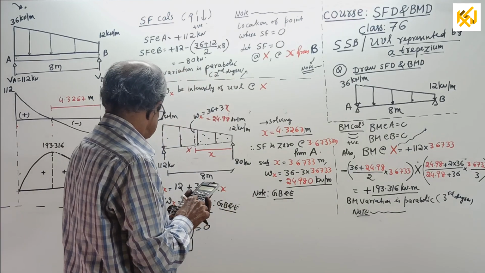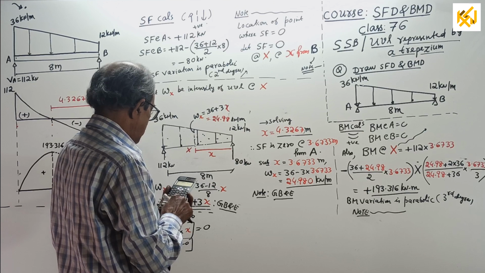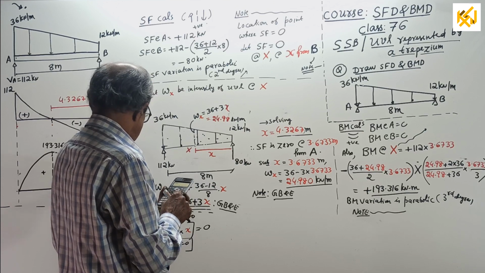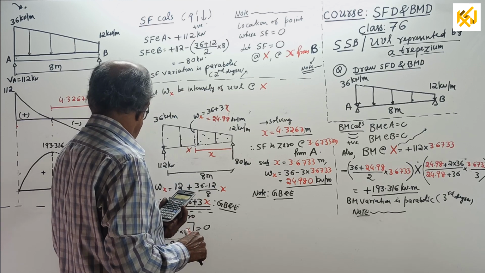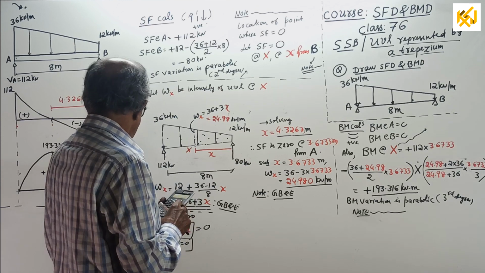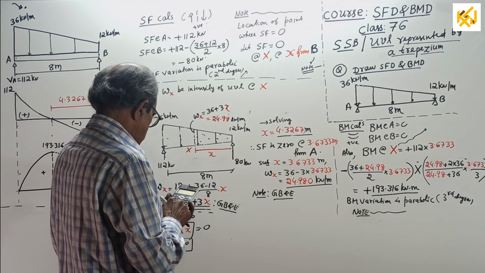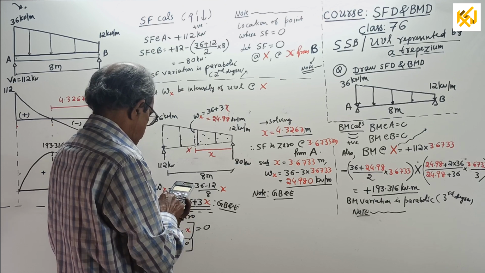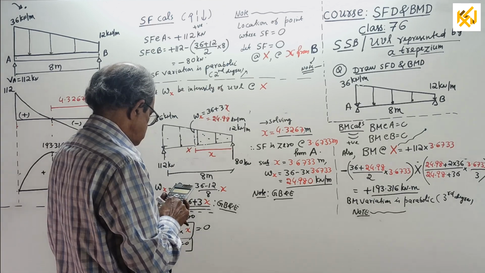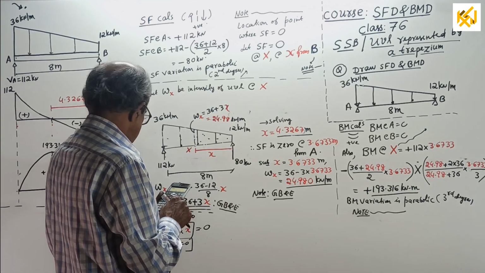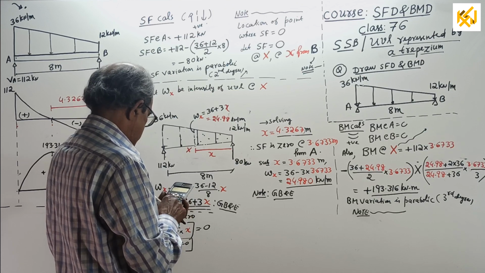Anyway, let me check. 24 square plus 4 into 80 into 1.5, equal to root of so much, minus 24, divided by 3. 36 plus 12 is 48 by 2 is 24, so 24 square plus 4 into 1.5 into 80 equals root of 32 point something, minus 24, divided by 3.